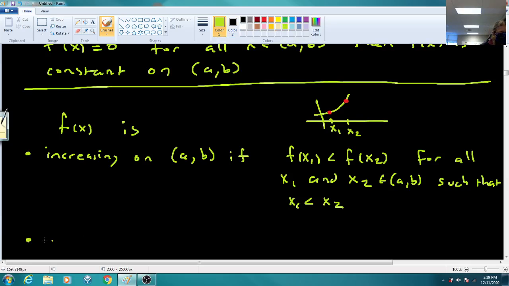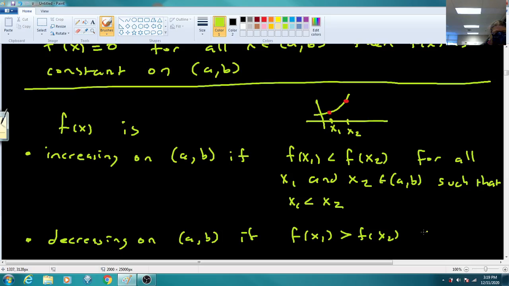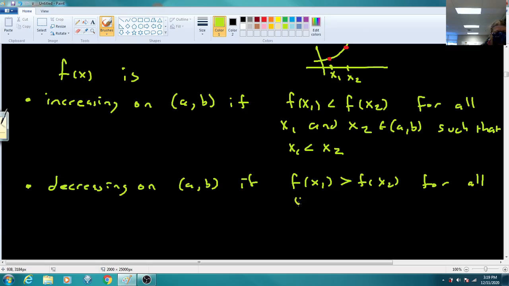So we're going to say we're decreasing on a to b if f of x1 is greater than f of x2 for all x1 and x2 elements of the interval a to b, such that we still want x1 to be to the left of x2.